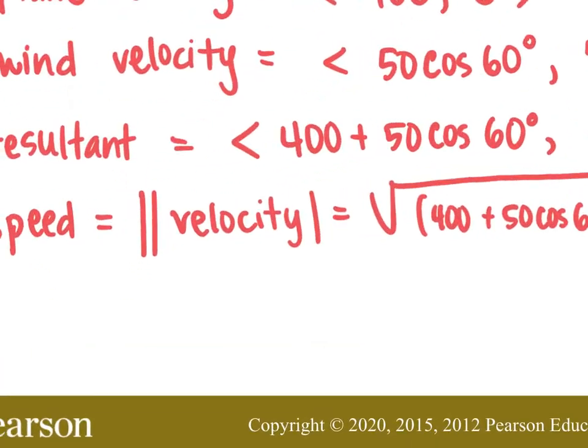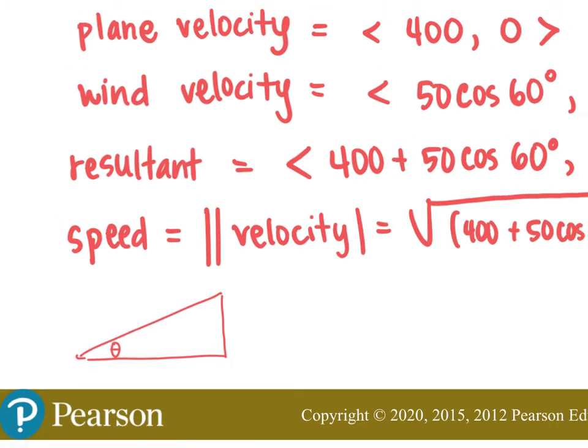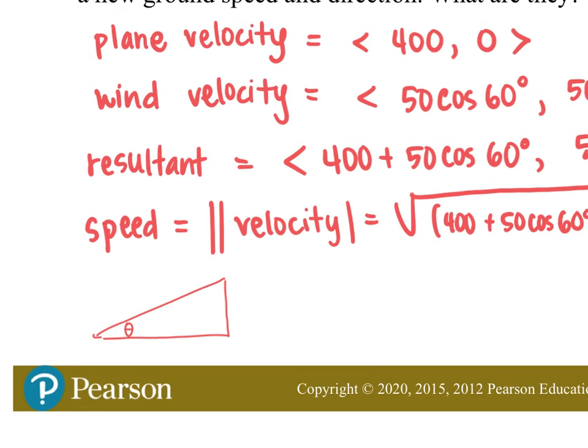Again, it always helps me to have a visual here. So imagine we've zoomed way in, and we know that our x component is 400 plus 50 cos 60 degrees, and our y component is 50 sine 60 degrees. Sorry, I forgot the 400 here.